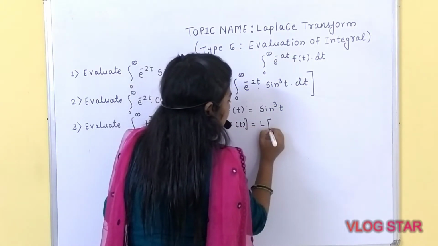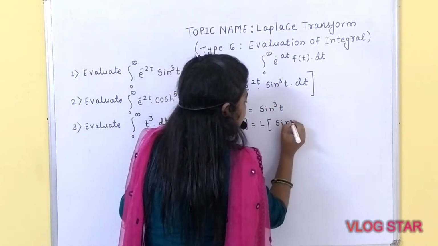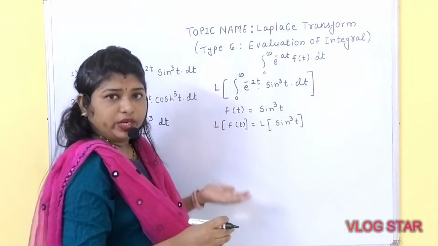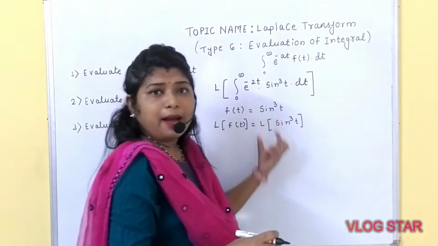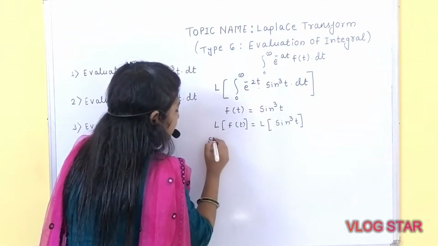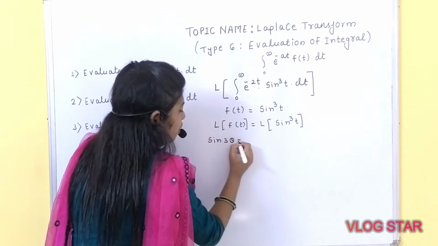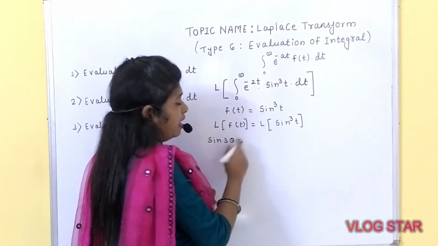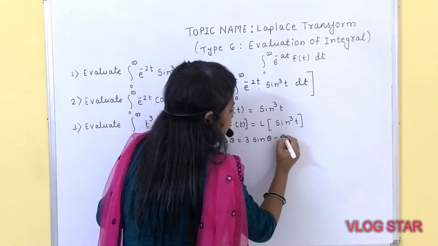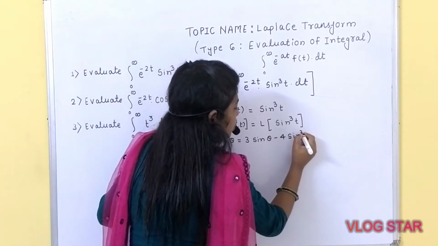As you know, Laplace of sine cube t, we already studied in previous videos how to find. For that purpose, you need to apply the sine 3 theta formula. What is sine 3 theta? Which is nothing but equal to 3 sine theta minus 4 sine cube theta.